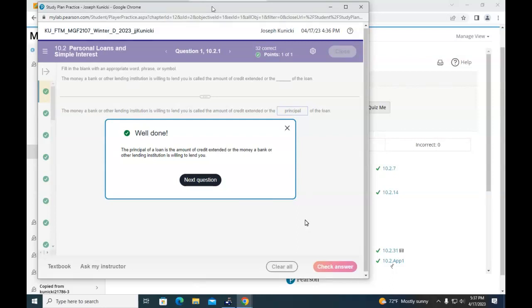Or finance charge. That's also another name for it. Sometimes they'll refer to it in the problems as finance charge. And this works both ways. It works for when you save and when you pay. When you pay off a loan or when you put money in the bank and get interest, and then they pay you.